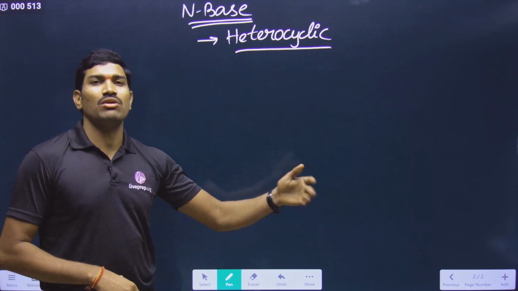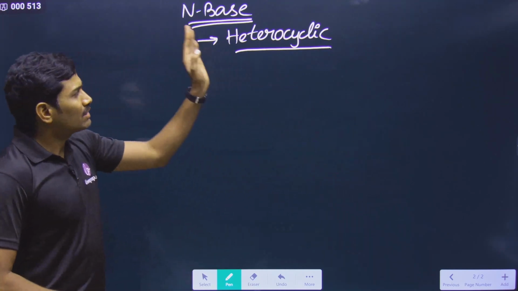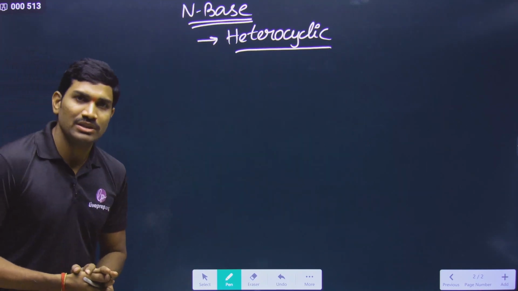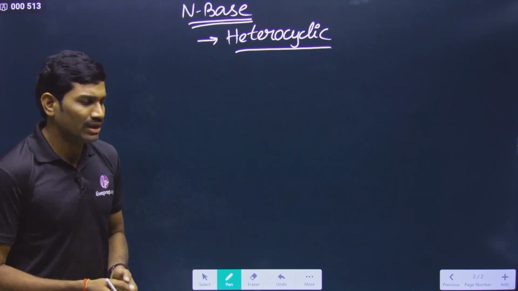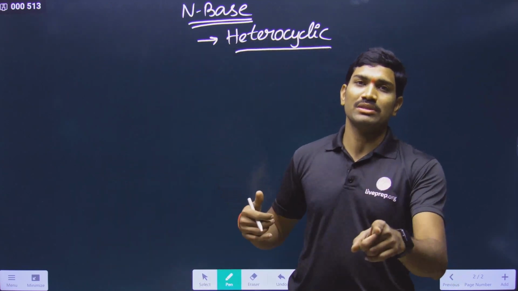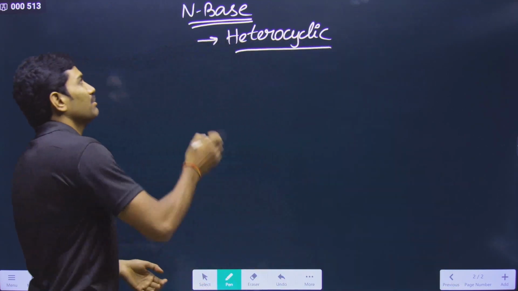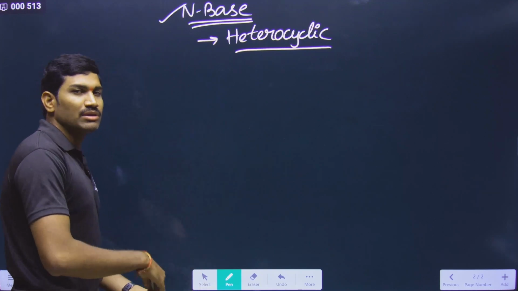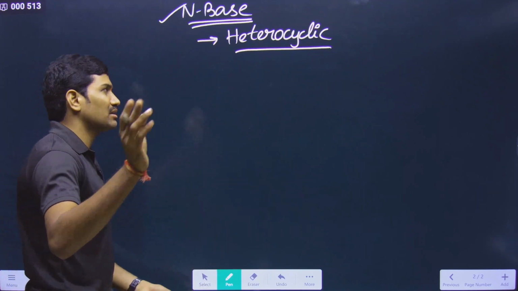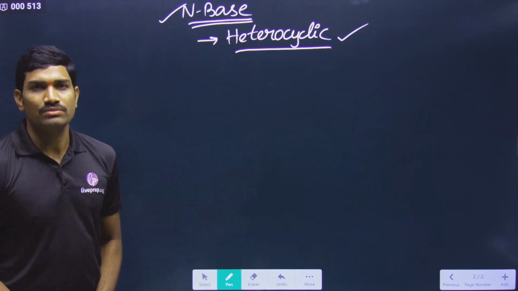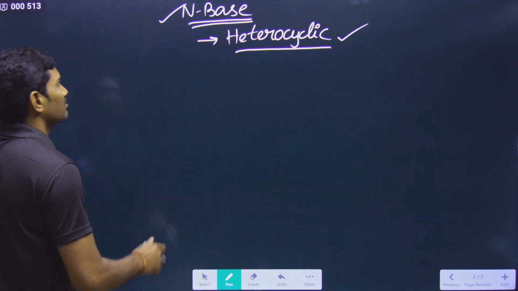So that's why these are called heterocyclic compounds. Carbon will be there, but here nitrogen is also present, so we simply call them nitrogenous bases. If you observe the structure, not only carbons and nitrogens, in some cases oxygen may be present. Clear? That's it.